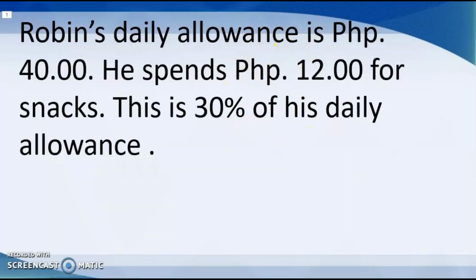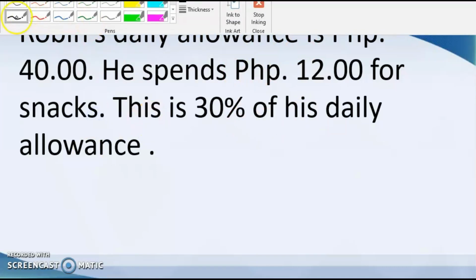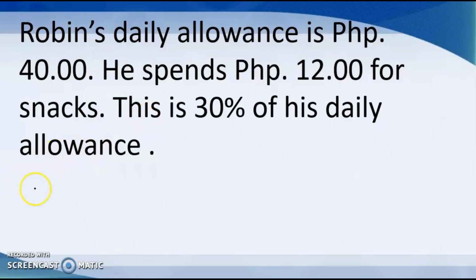From the given problem or situation, we can also write this as a sentence. 12 is 30% of 40 pesos. So 12 pesos is 30% of 40 pesos.